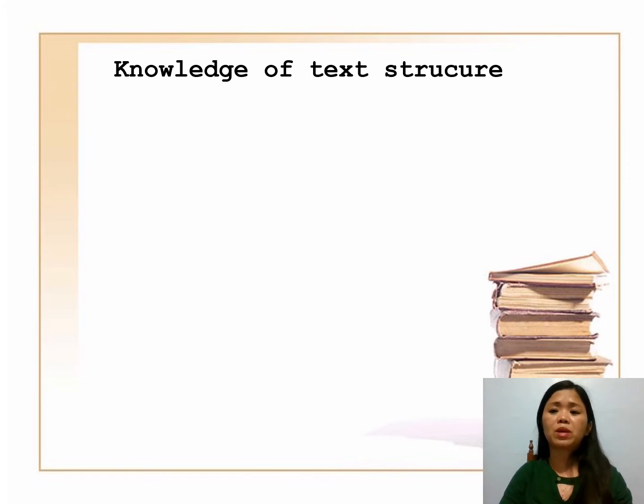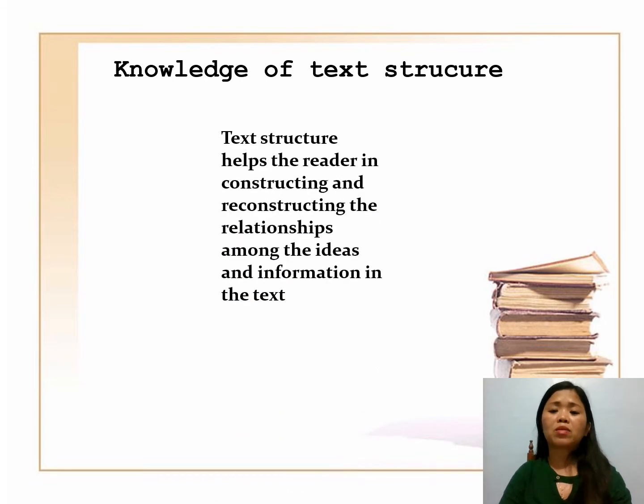Now let's go to the knowledge of text structure, which plays a significant role in reading comprehension. Text structure helps the reader construct and reconstruct the relationship among the ideas and information in the text. The reader is therefore able to follow and weave together the author's intended meaning.